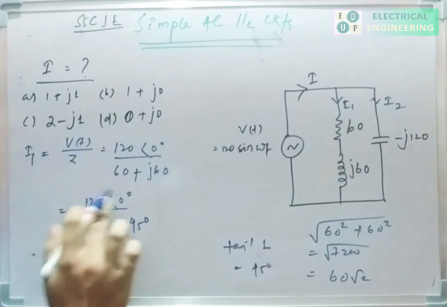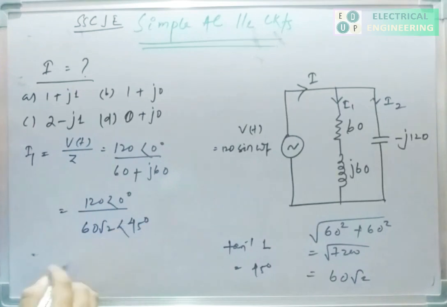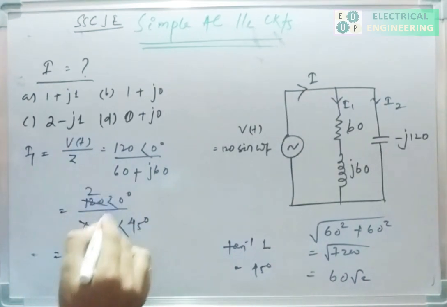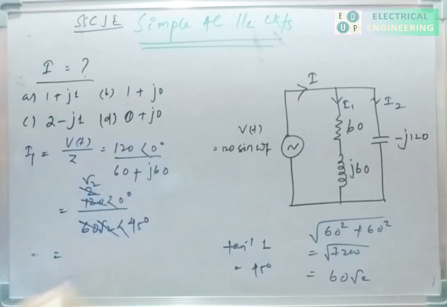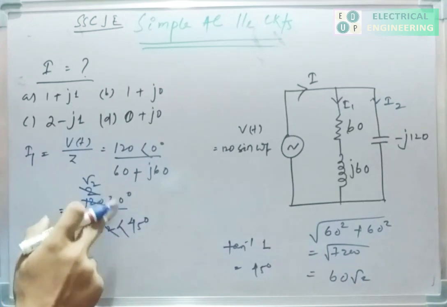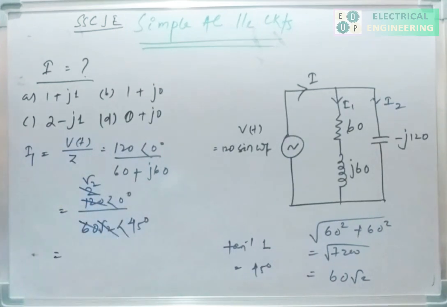So 120 angle 0 divided by 60 root 2 angle 45, we will get root 2, and in case of division, angles get subtracted. So root 2 angle 0 minus 45 degrees, which is minus 45 degree.